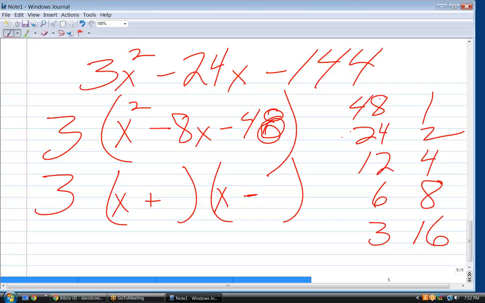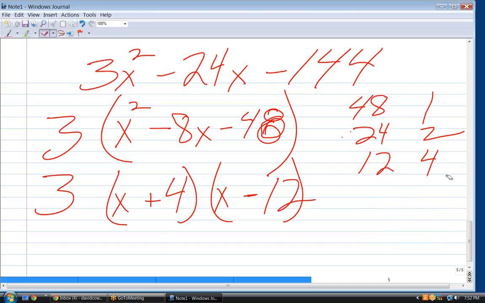Notice that each one I just cut in half, and as I cut the left side in half, I doubled the right side. And now I have all the factors. Which of those factors subtract to 8? 12 and 4. Where's the 12 go? Where's the 4 go? 12 is going to go next to the negative symbol, and the 4 is going to go to the positive symbol.